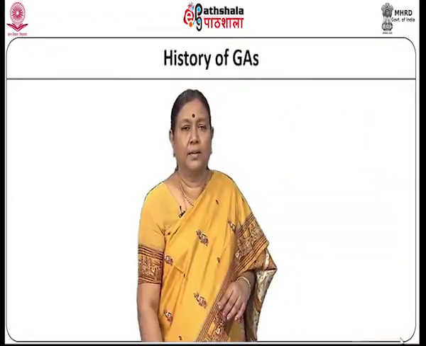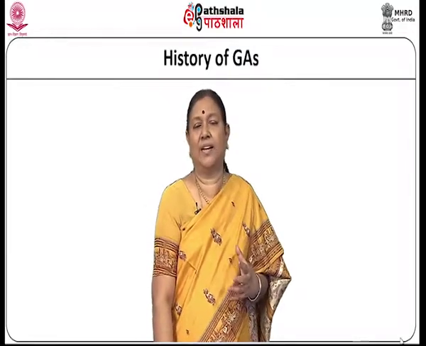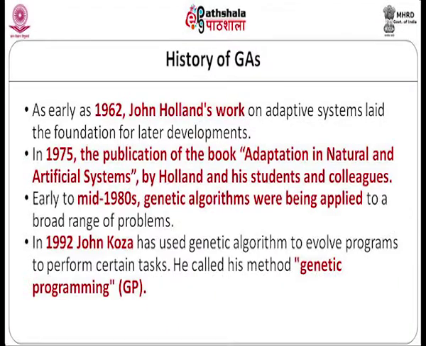Now, let us talk about the history of genetic algorithms, or GAs as they are called. It is not new. Far back in 1962, John Holland's work on adaptive systems laid the foundation for what later came to be called genetic algorithms. In 1972, the publication of a book, Adaptation in Natural and Artificial Systems, by the same Holland and his students and colleagues, laid the foundation for other people to use the concept of genetic algorithms.